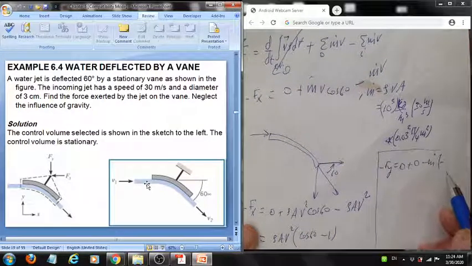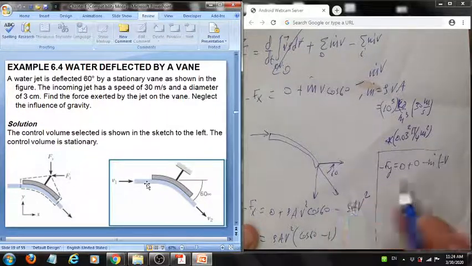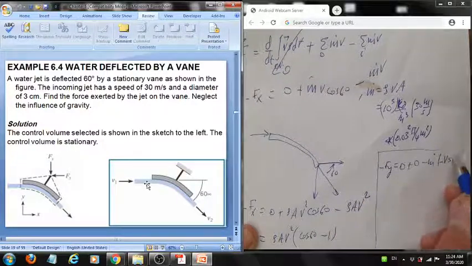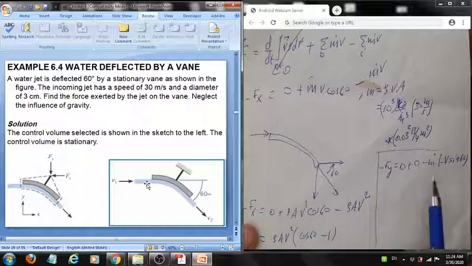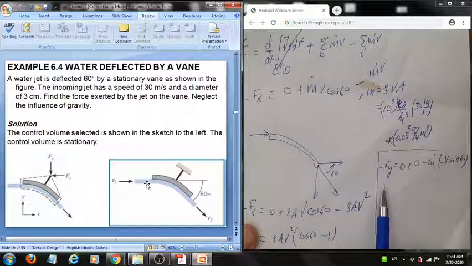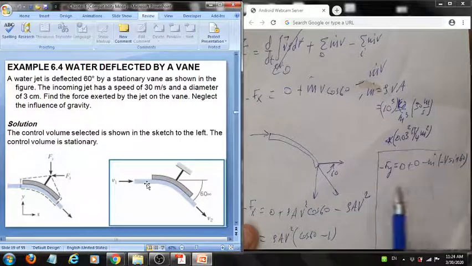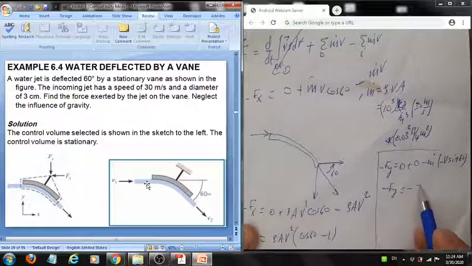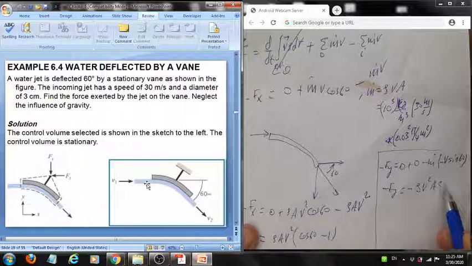Now we need to put minus V sine 60. So again, this indicates that the jet will be acting on the beam in the y direction because we have negative, this is positive, so Fy equals negative rho V squared area sine 60 in this manner.